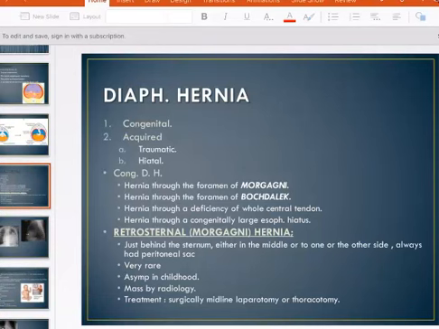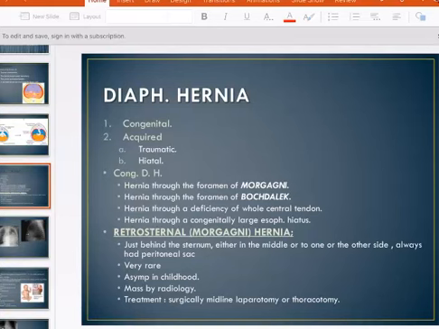It contains a peritoneal sac, meaning this is a true hernia. It is very rare because it is congenital, not appearing in the early stage of life, maybe affecting in childhood at the age of 5, 6, or even in the adolescent age.